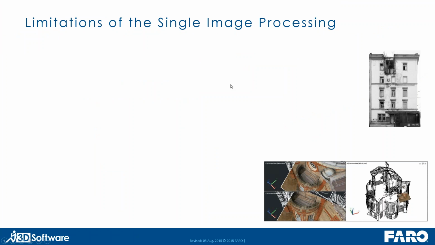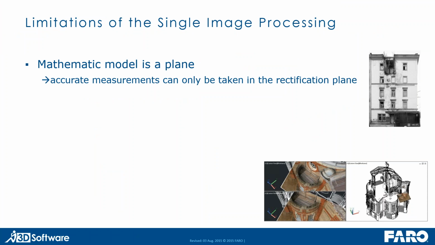All we had a look at so far is single image processing, and of course there are some limitations to that. The mathematical model of the image rectification I have just demonstrated is a plane.